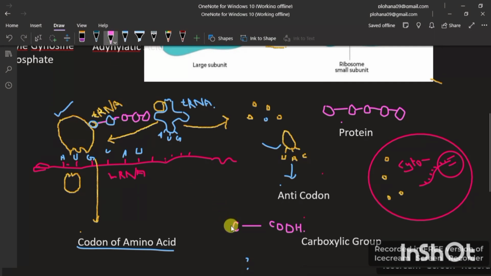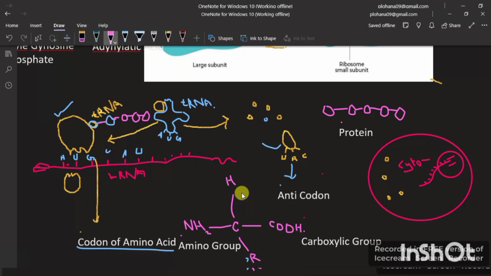On the left hand side we do have the amine group, NH2. On the upper side we do have hydrogen, and on the downside we do have R, which is the radical.